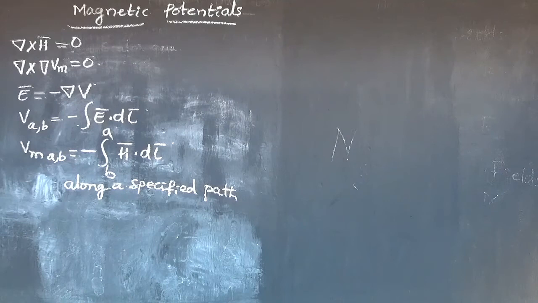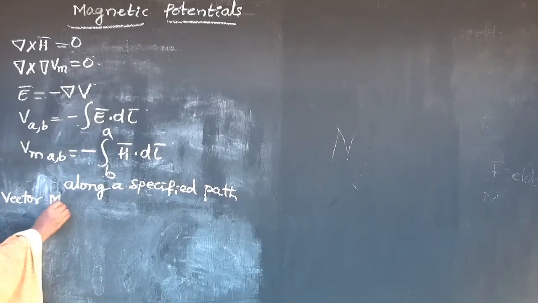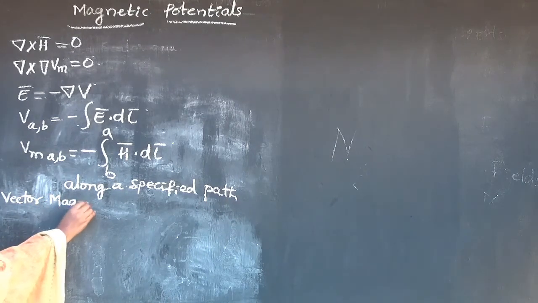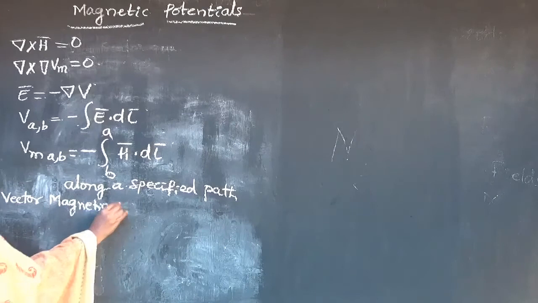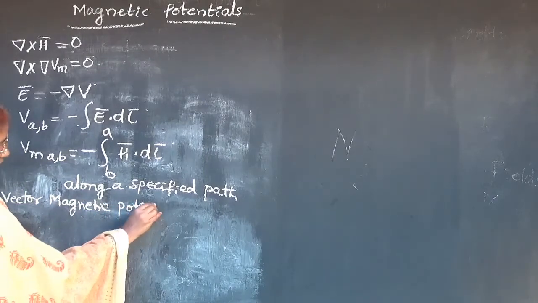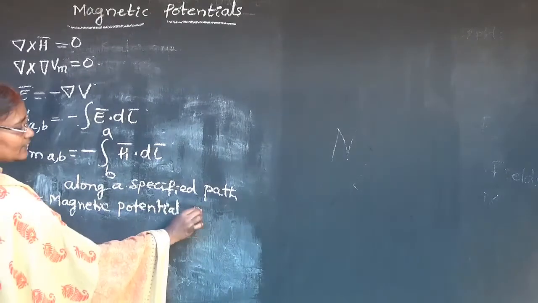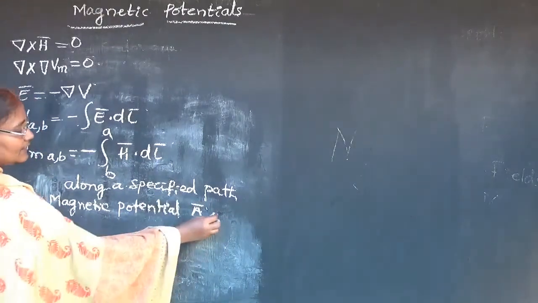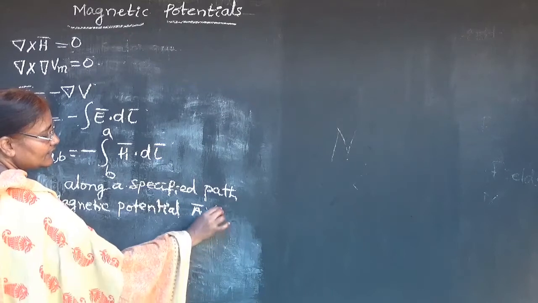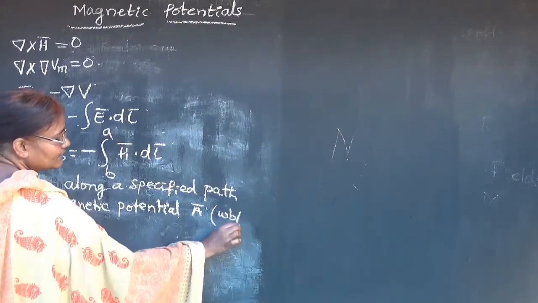And now to find the vector magnetic potential, which is represented with A bar, whose unit is Weber per meter.